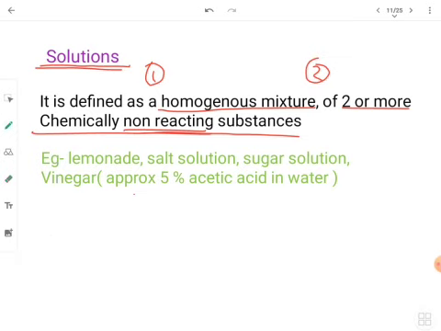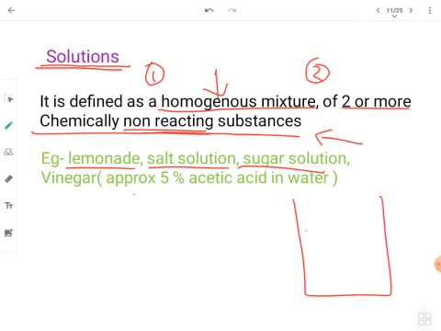Now coming back to solution, it has to be homogeneous, and second, the substances should not be reacting chemically. Examples are lemonade, salt solution, and sugar solution. I have already explained how lemonade is a homogeneous mixture, and how they are not reacting, because you are just mixing them. The salt and water are just mixing with each other.